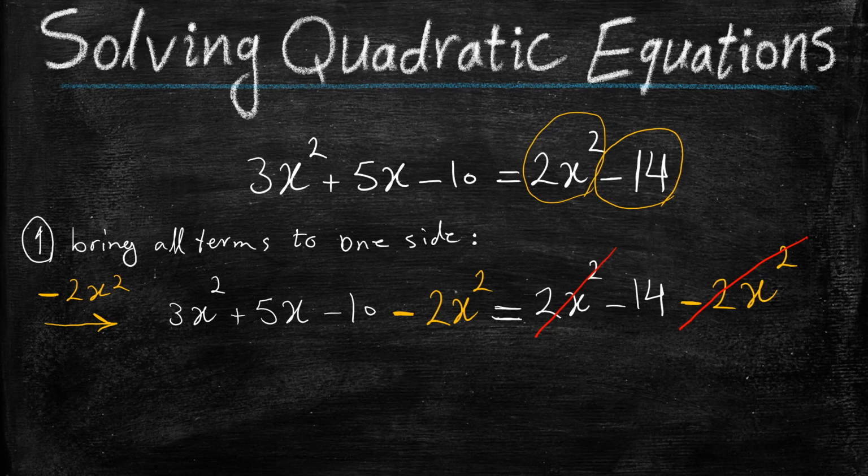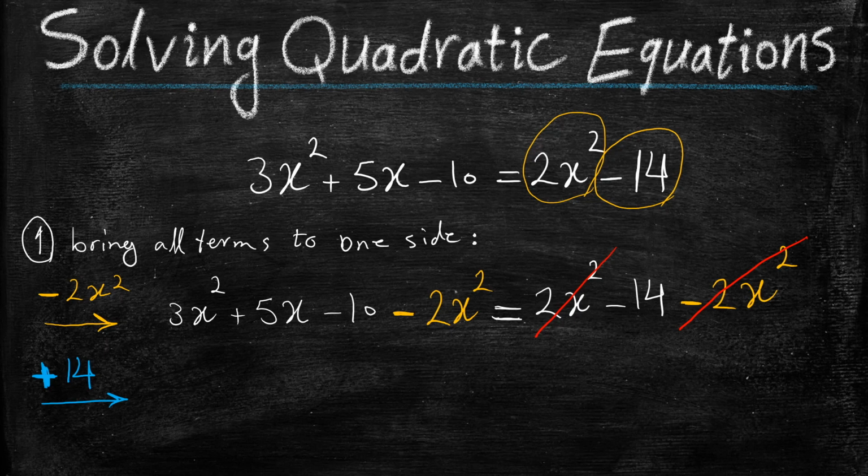In the next step, we eliminate the leftover negative 14 that is still sitting on the right hand side. How can we eliminate it? If we add 14 to both sides of the equation, negative 14 will be eliminated from the right hand side.